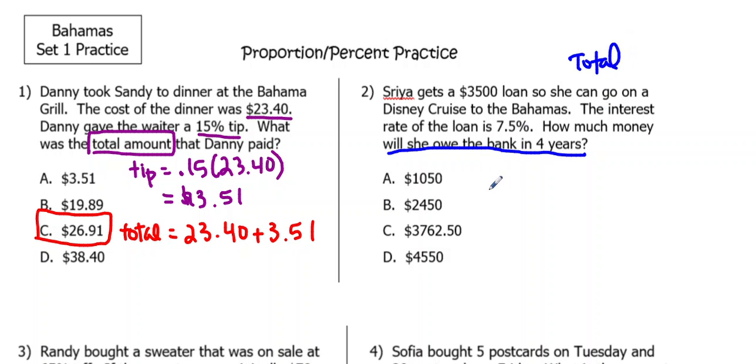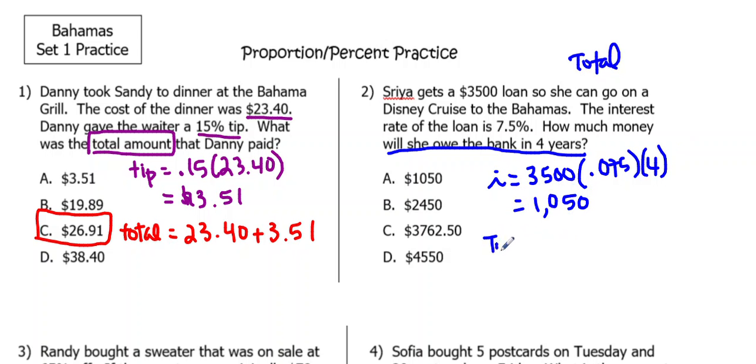All right, so first thing we're going to do is figure out how much interest she owes. So we're going to do principal times rate, which is going to be 0.075, times time, and it says she has it in there for 4 years. All right, if I multiply this out, I get $1,050. Okay, but remember, we want total.